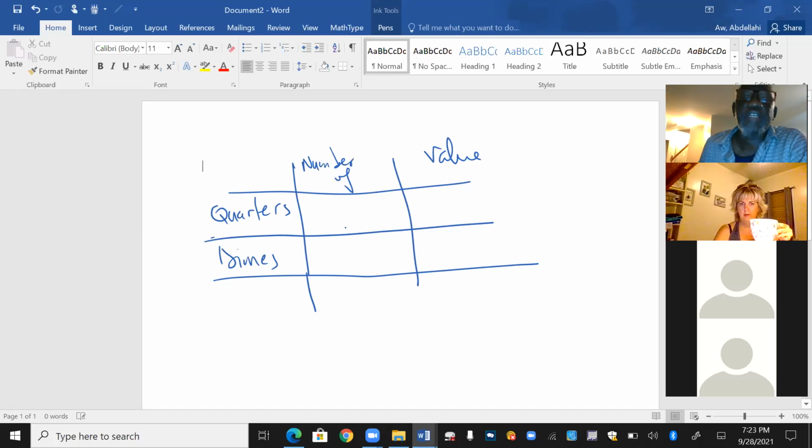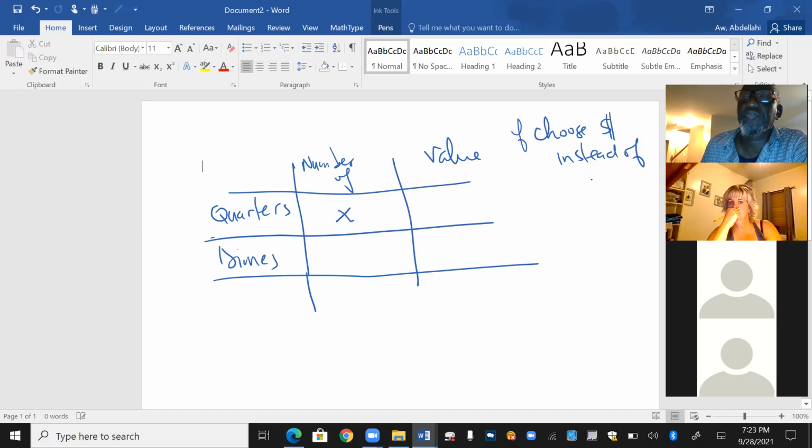If we have X quarters and we choose dollars instead of cents, each quarter is worth $0.25, because to get the value of a quarter, you divide a dollar by 4. When you divide 1 by 4, you get 0.25. If you have Y dimes, each dime is worth 10 cents, which is $0.1, so it's 0.1Y, you see?